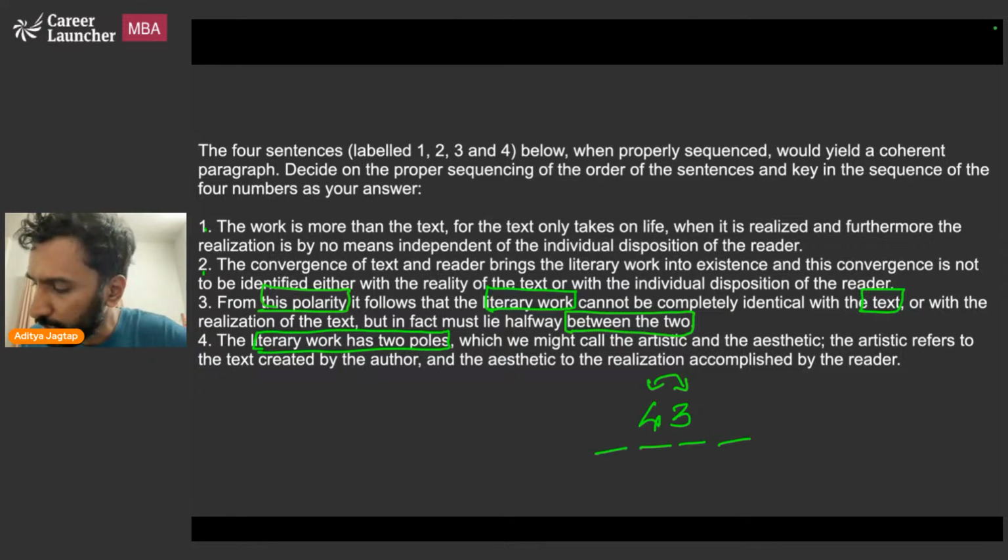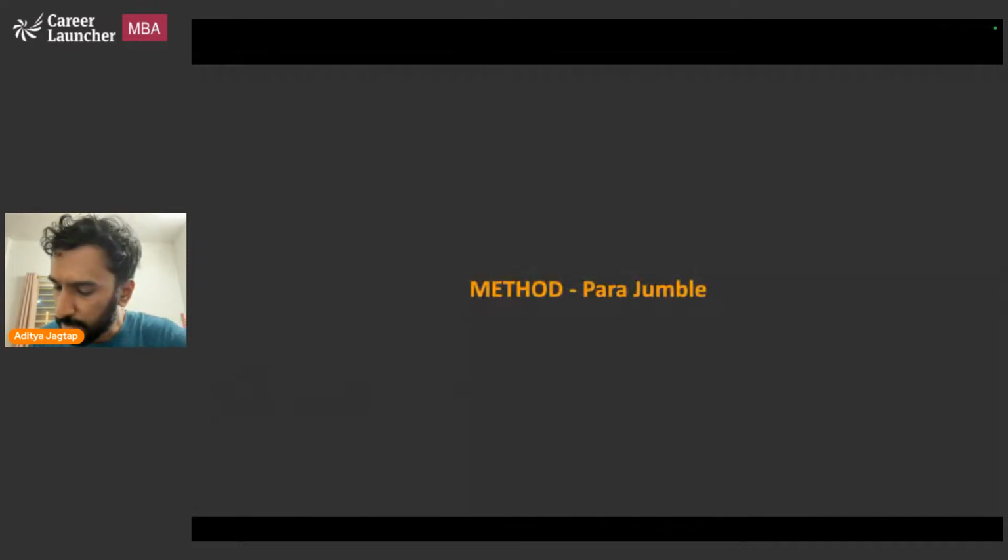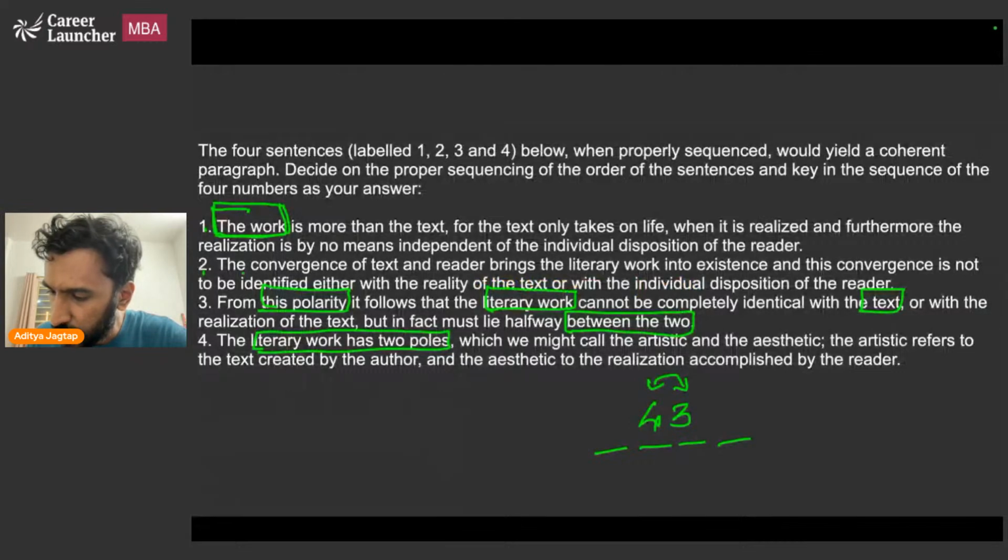Now, what we start looking for is which information could go before or after sentence 1 or sentence 2. Sentence 1 or 2 don't seem to be going before 4-3, right? We are told in sentence 1, the subject of sentence 1 is the work, the literary work. The subject of sentence 2 is the convergence of text and reader, right?